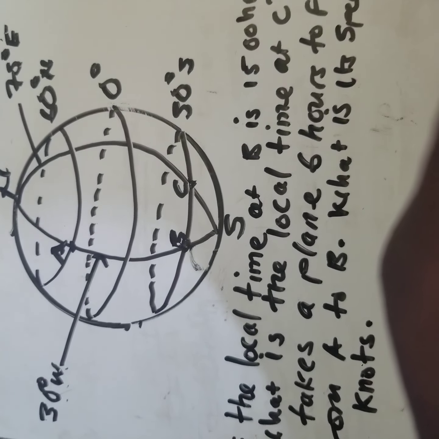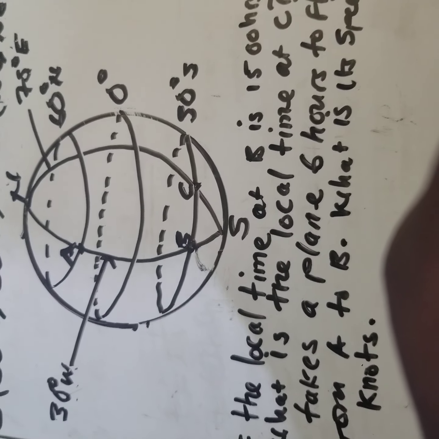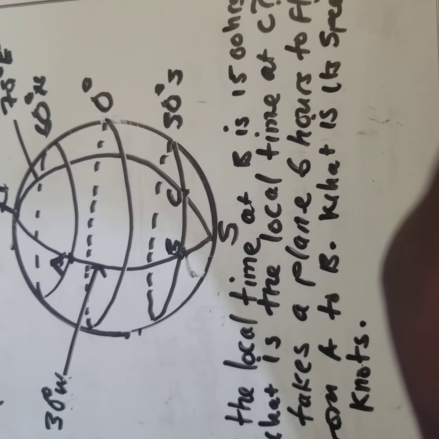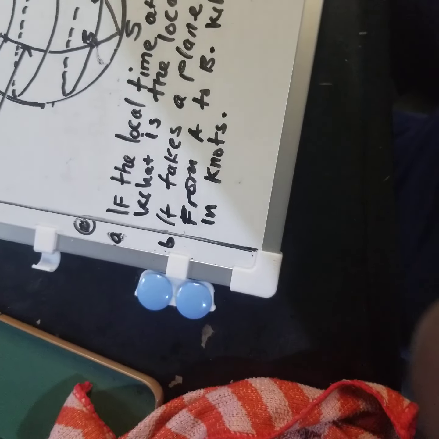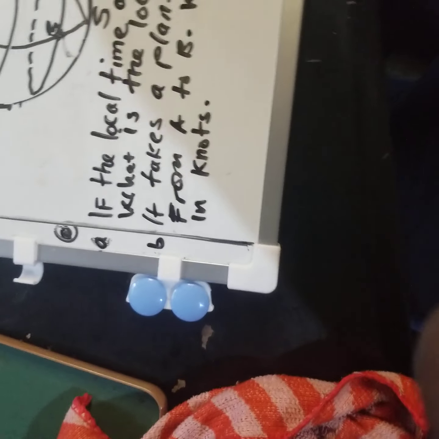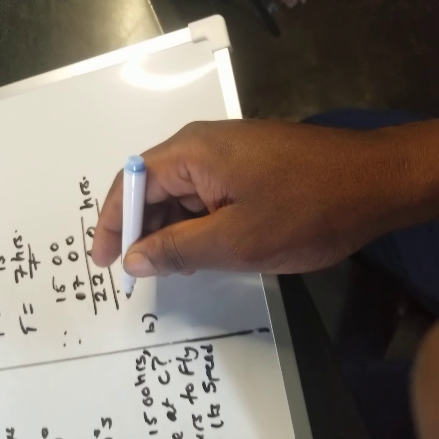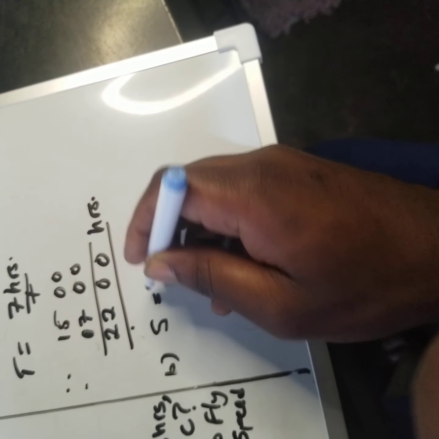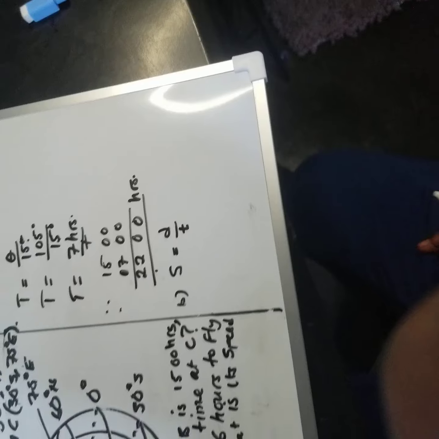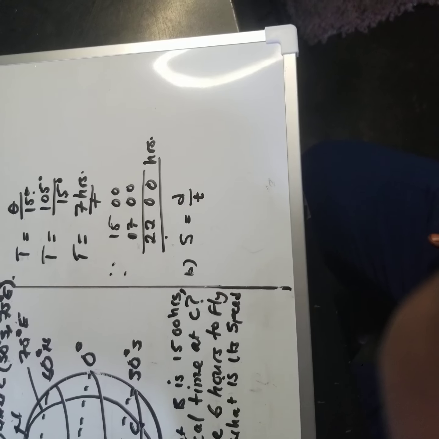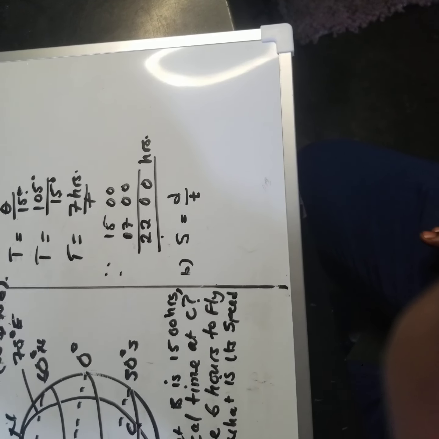Remember, speed is the rate of change of distance with time. So the formula to get speed is: speed, which is S, is equal to distance over time taken.